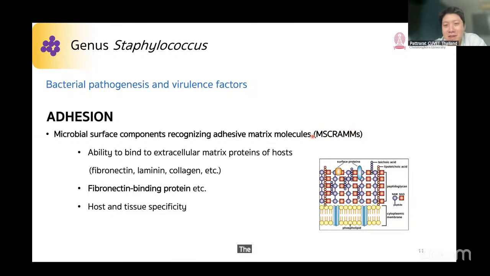The term is very long, so we call them MSCRAMMs. These are the microbial surface components that recognize the host tissue.